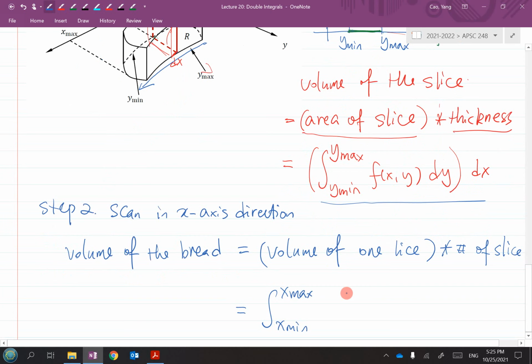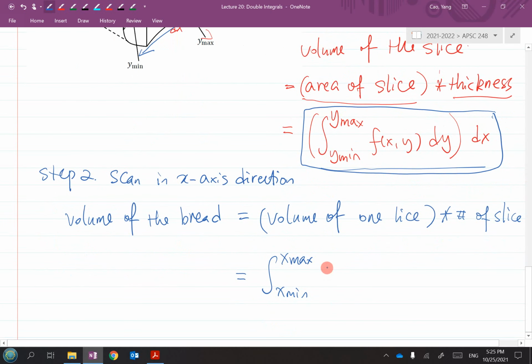And what are you integrating? You're integrating this quantity here. So you get the integral from y min to y max of f of x, y, dy, and dx. Finally, that gives you the total volume of the bread as an accurate number.